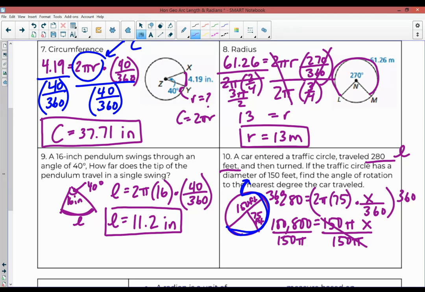That gives me, to the nearest tenth, 213.9. And I want it to the nearest degree, so that's 214 degrees. A little over 180, before 270. A little closer, but not bad.